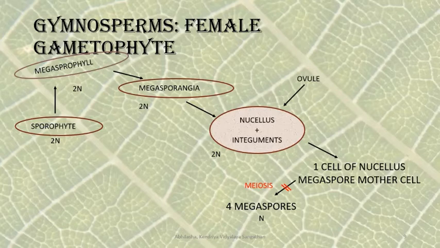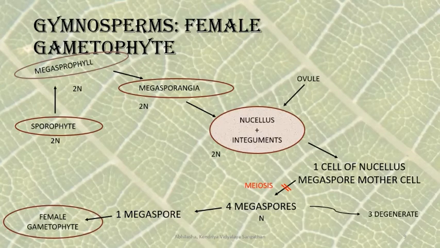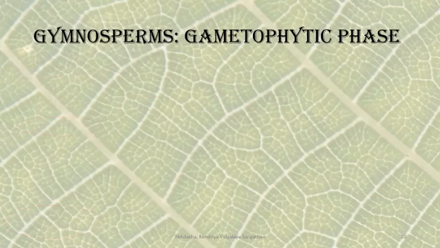So only one out of the many cells inside the ovule will act as megaspore mother cell, and this one cell will form 4 megaspores, but out of these 4 megaspores, 3 will degenerate and only one will form the active megaspore that will germinate to form the female gametophyte. The female gametophyte reproduces through formation of gametes. With this starts the gametophytic phase.